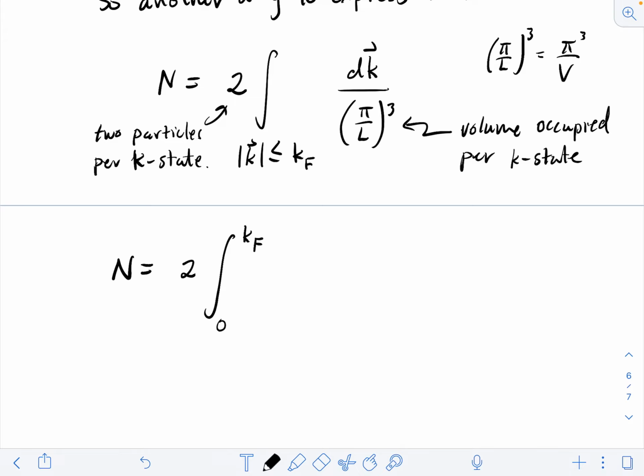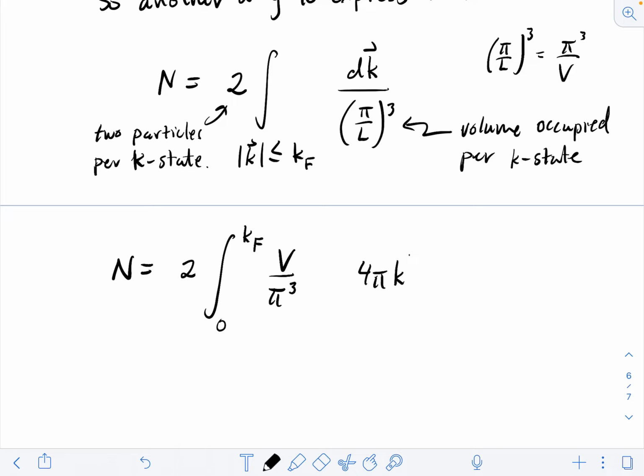So if our system is L by L by L, its volume is L cubed. And so we get a V over pi cubed. The dk vector represents a volume element, and it's a sphere.